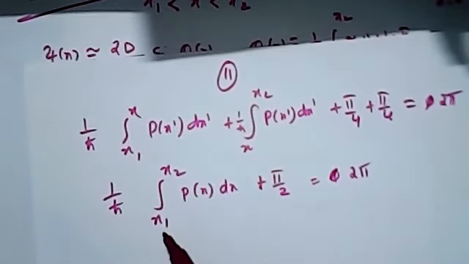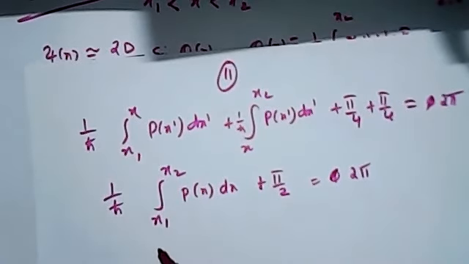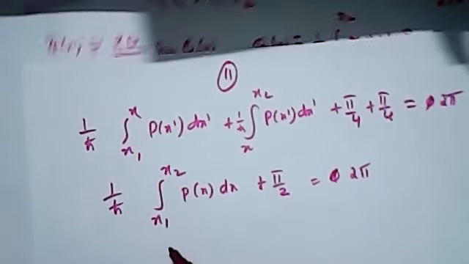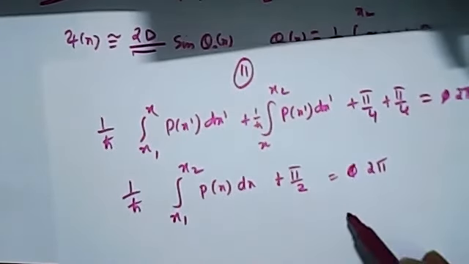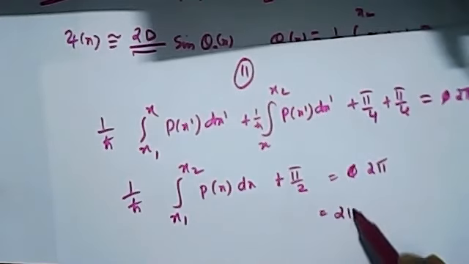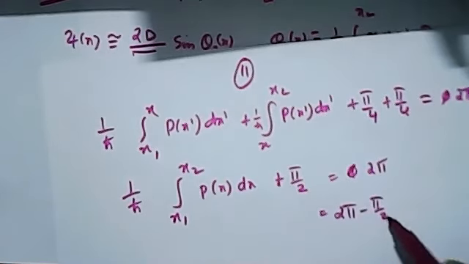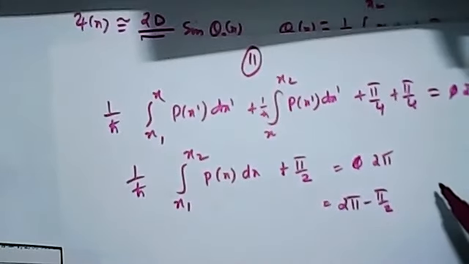Now let this pi by 2 go to the other side. So this is equal to 2 pi minus pi by 2.